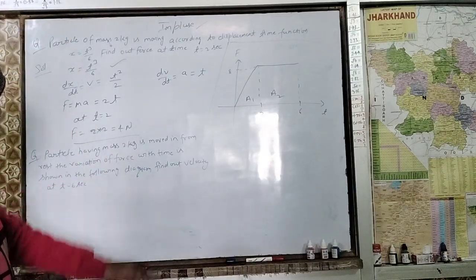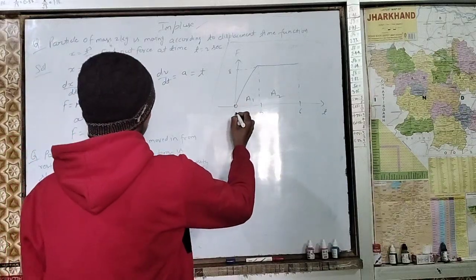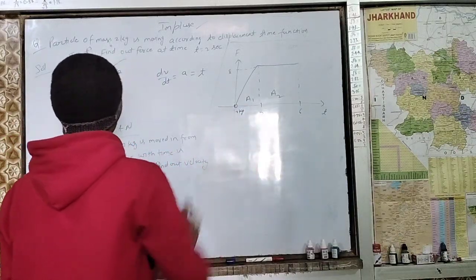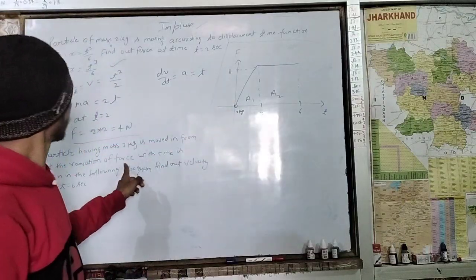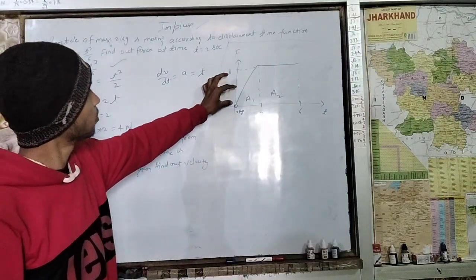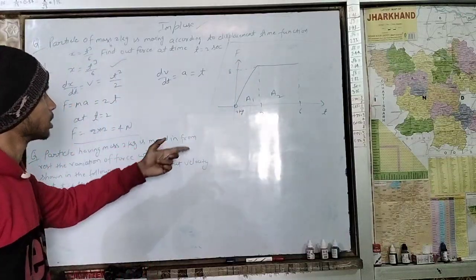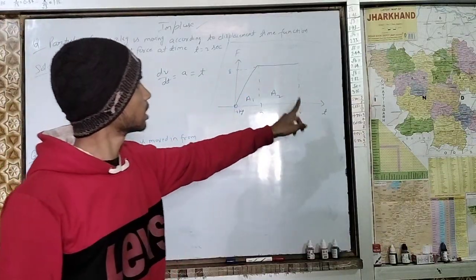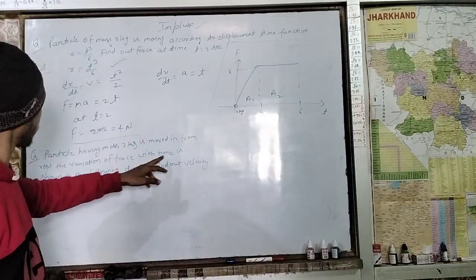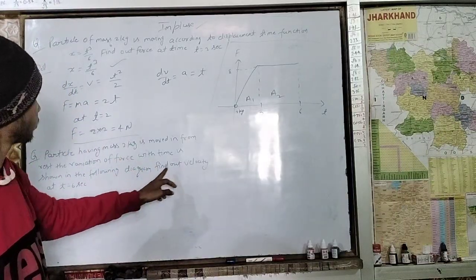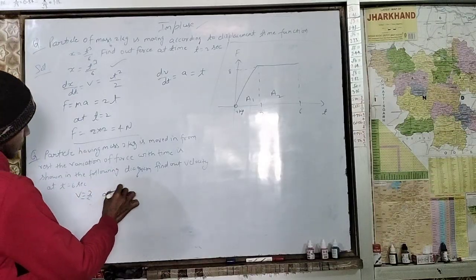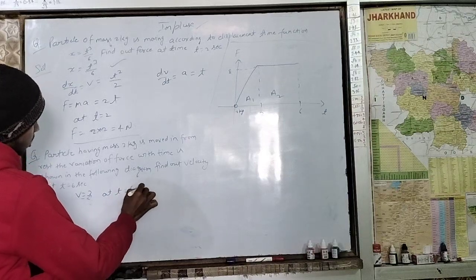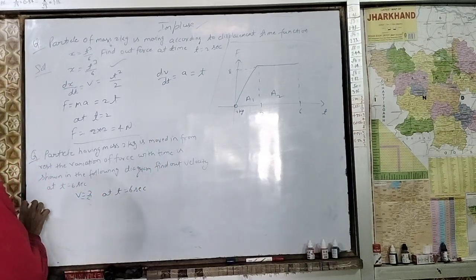A particle having mass 2 kg is moved from rest. Force is not constant, but from 2 to 6 it is constant. The variation of force with time is shown in the following diagram. Find out the velocity at t is equal to 6 seconds. This is what the question is asking.